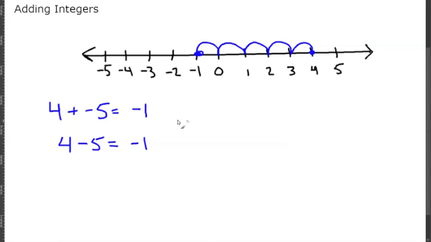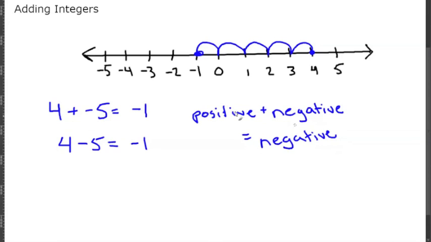So now, we had a positive plus a negative, but that equaled a negative. And that is because the 5, just the number 5, is greater than the number 4.